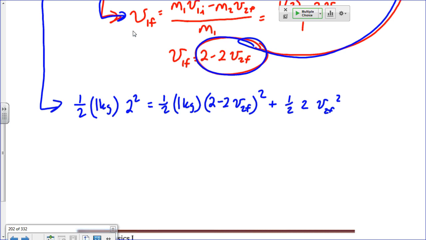It's going to look like this. 2 is equal to a half. If I expand this, it's 4 minus 8 V2F plus 4 V2F squared.